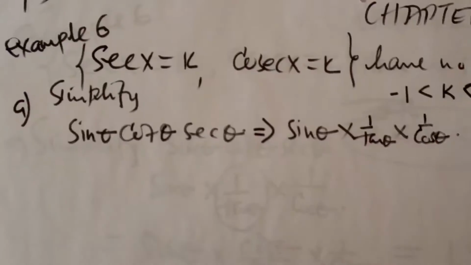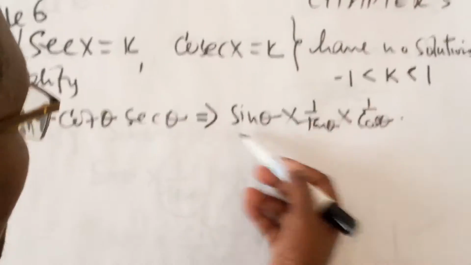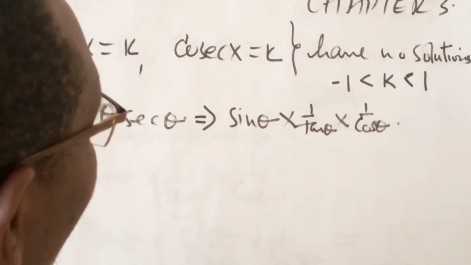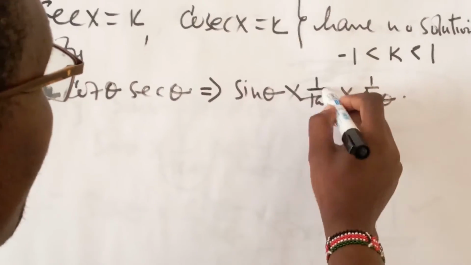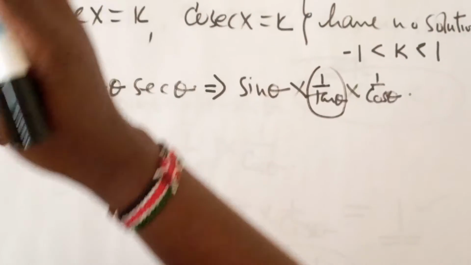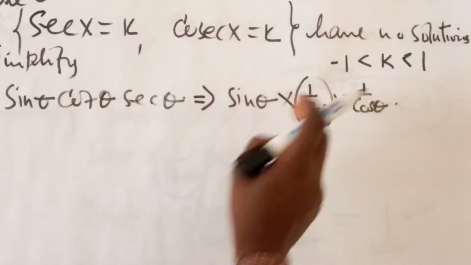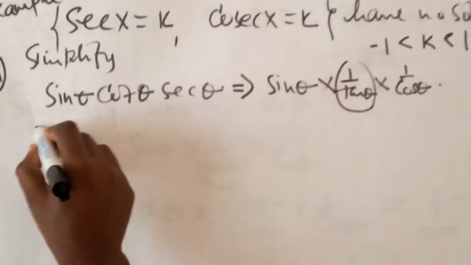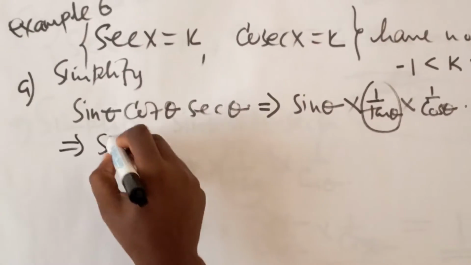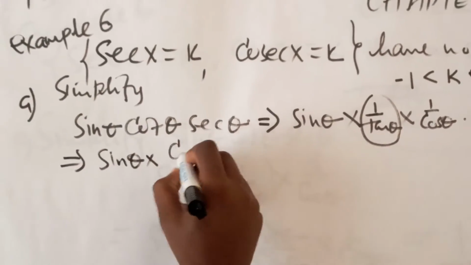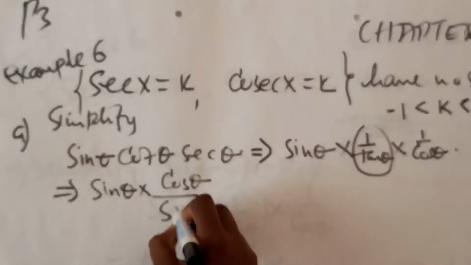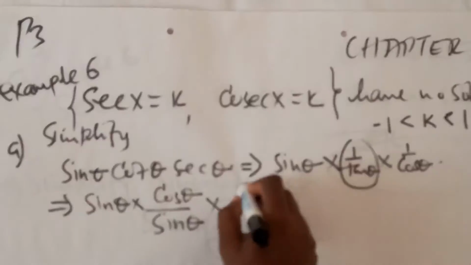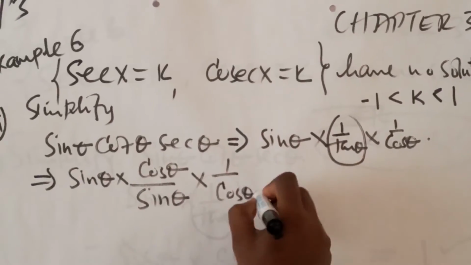At that point, you realize that there is nothing much you can do with these trigonometric ratios. So we need to work on that, because this one has a different name. 1 over tan theta is simply cosine theta over sine theta. So rewriting everything afresh, we have sine theta times the cosine of theta over the sine of theta times 1 over the cosine of theta.